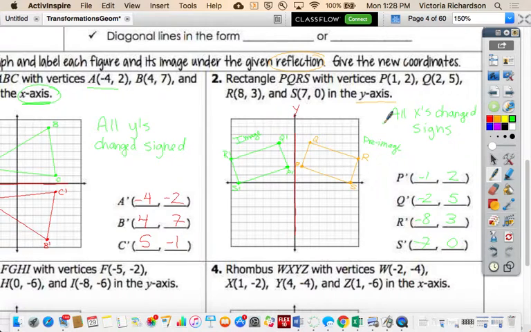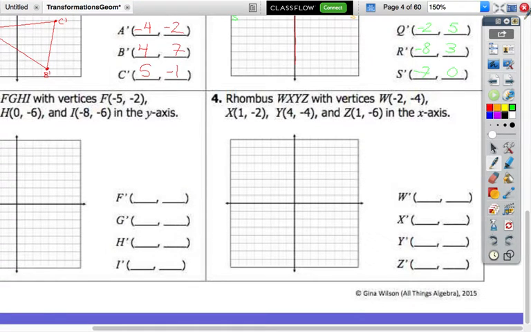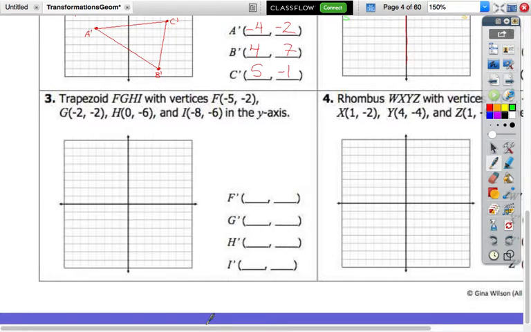So let's do the other 2 examples at the bottom. So we're going to look at number 3, trapezoid FGHI. So I'm going to start with F, which is -5, -2.